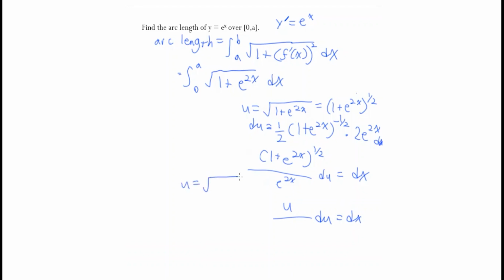One is u is equal to the square root of 1 plus e to the 2x. So we can square both sides to get rid of that square root, which gives us u squared is equal to 1 plus e to the 2x. And then we can subtract 1 from both sides, leaving us with u squared minus 1 is equal to e to the 2x. So e to the 2x is equal to u squared minus 1. We can plug this in over there. And that is our new dx.